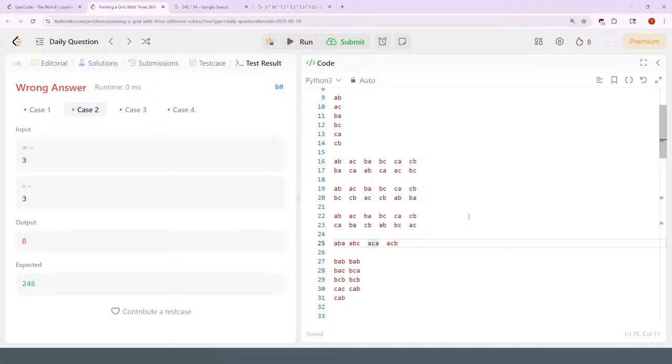And of those 4 ways that start with A's, half of them are going to be AB and half of them AC.